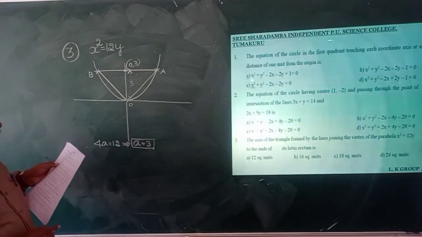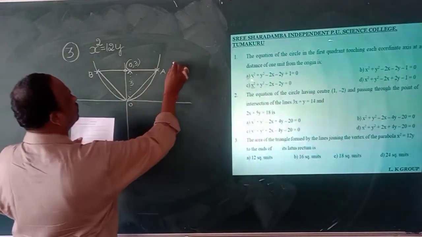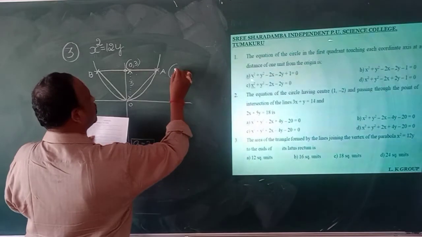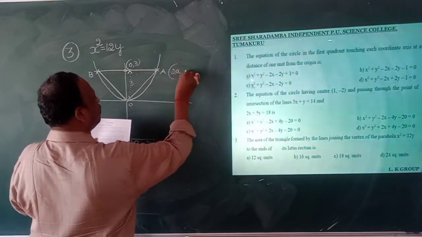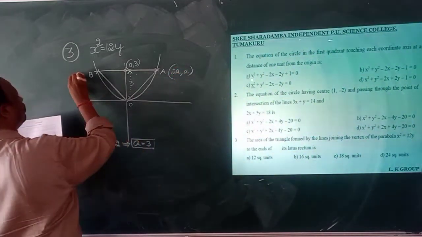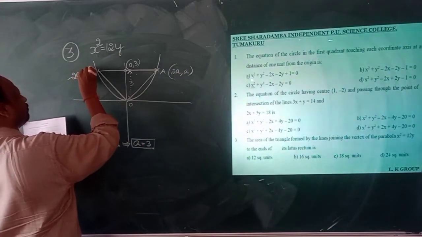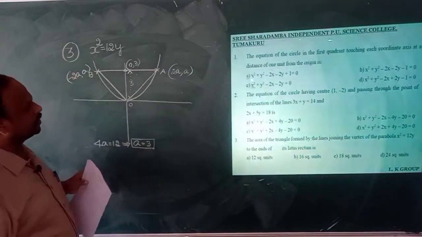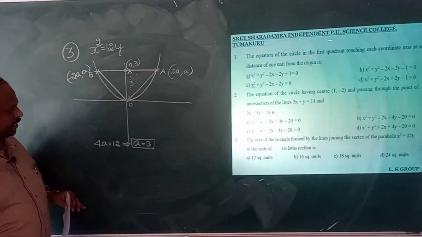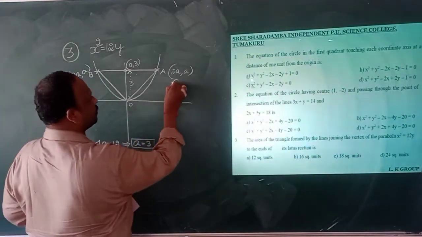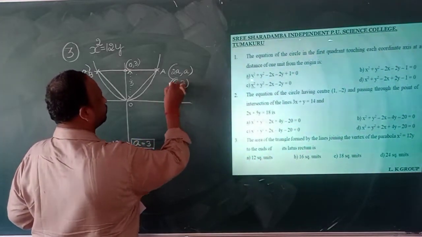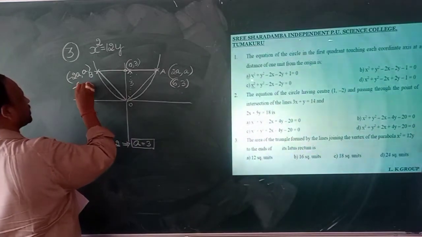And the coordinates of the latus rectum ends will be 2a comma a and minus 2a comma a. The value of a is 3, therefore this will be 6 comma 3 and minus 6 comma 3.